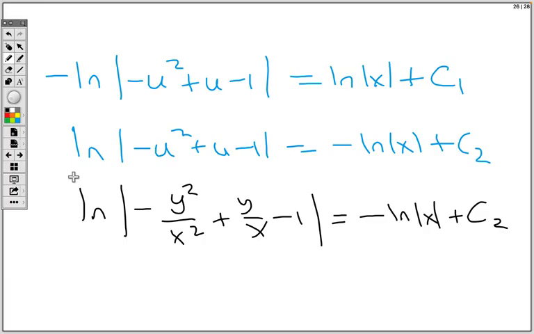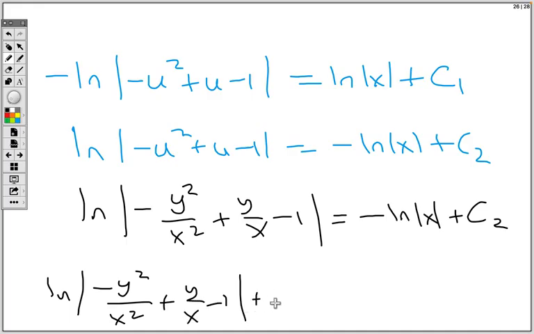However, you've got logs on both sides. Let's do a little more work here. We can use log properties to combine these. Addition on the outside turns into what on the inside? Multiplication.